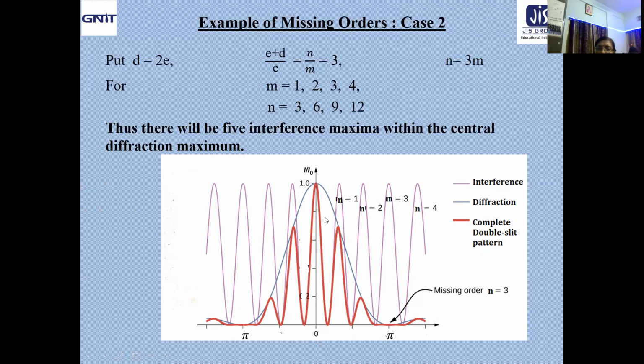No secondary maximum arises there. Primary or principal maximum versus minimum. Accordingly, this is the central principal maximum of the interference, n equal to 0, then n equal to plus minus 1, n equal to plus minus 2, n equal to plus minus 3, and so on. They are plotted here.